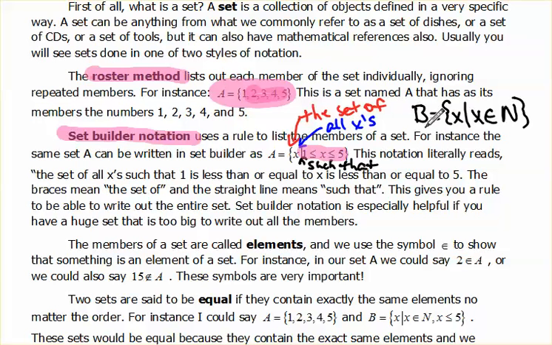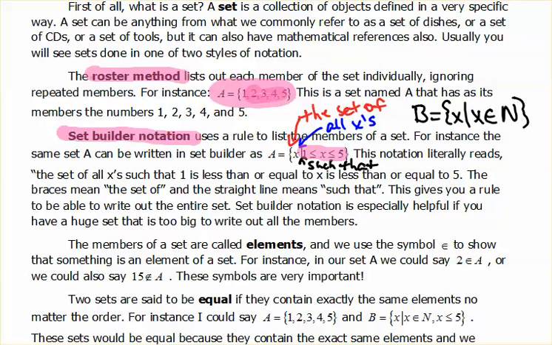So this is very nice notation when you have a lot of items in your set. And for those of you who've already taken college algebra, you probably used this notation exclusively when you talked about domain of functions.